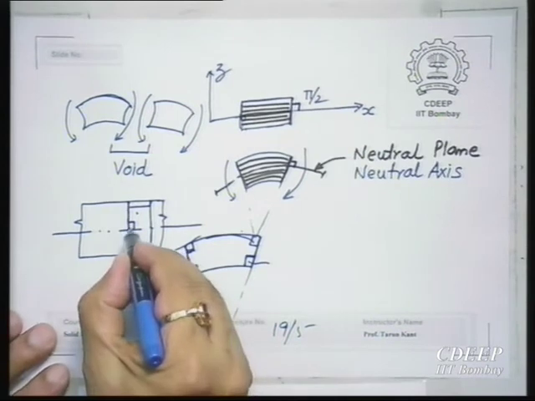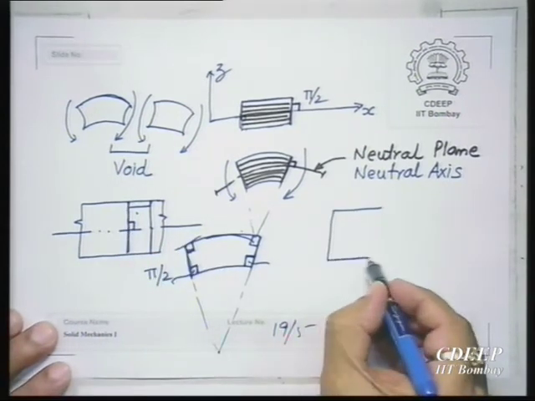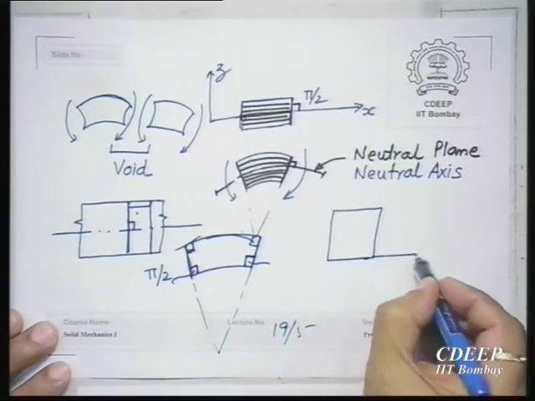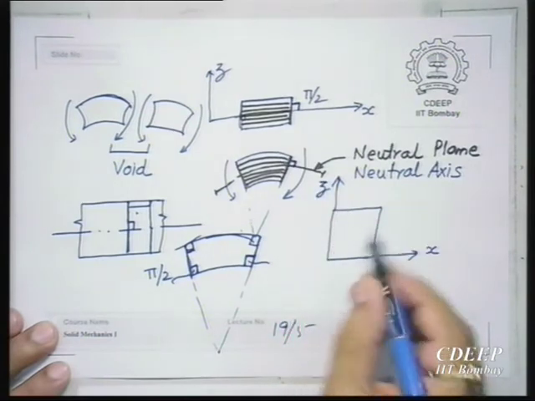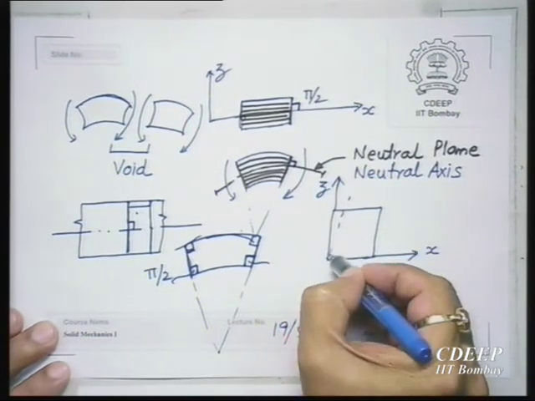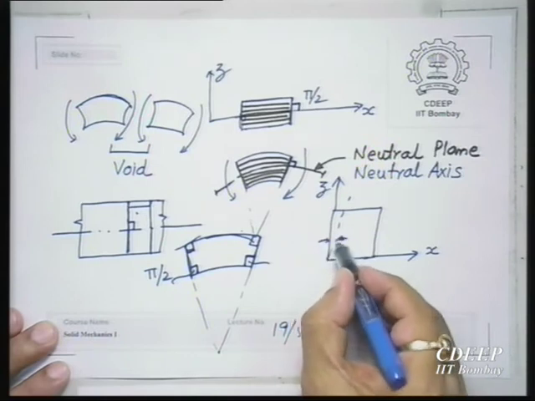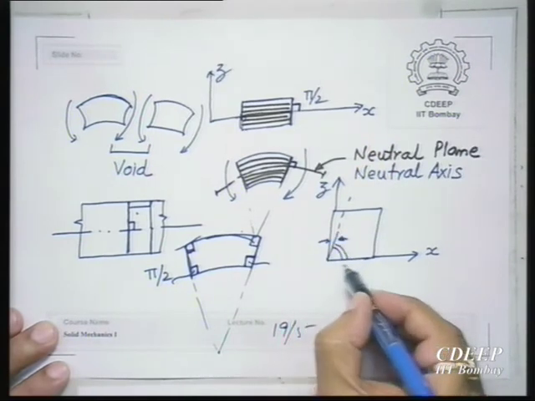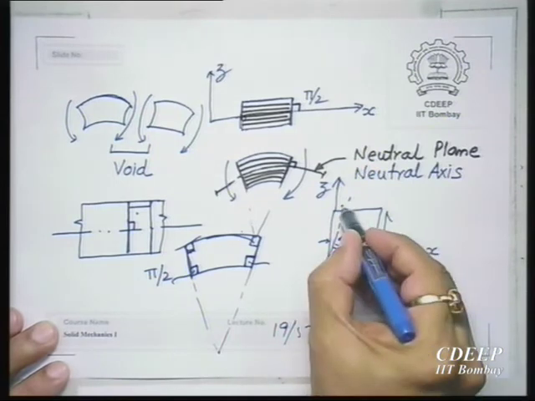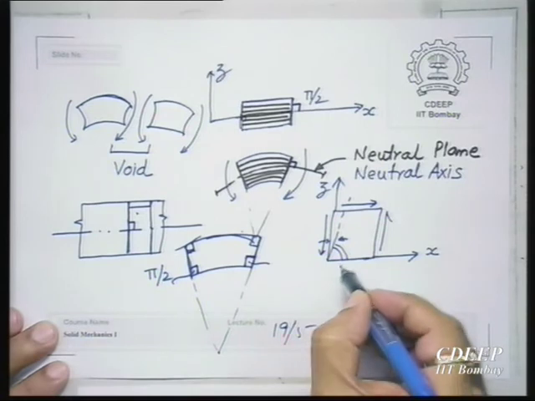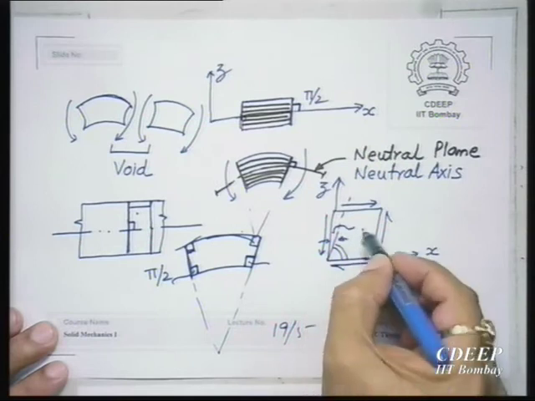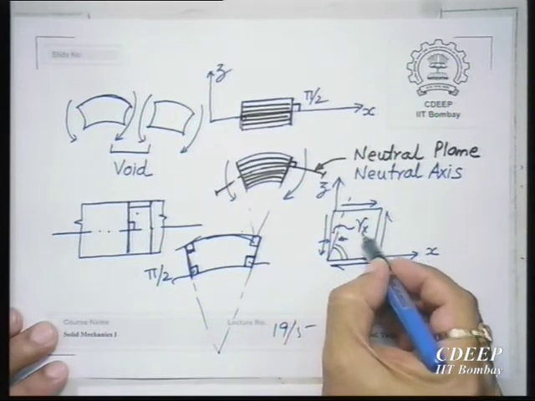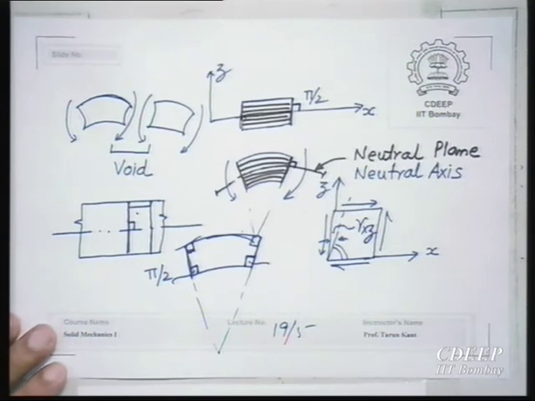I think I have already explained that if this is x and this is z, and this angle changes, then this change in 90 degrees is the shear strain xz. Is it okay or not?